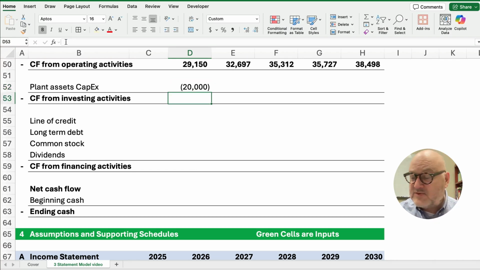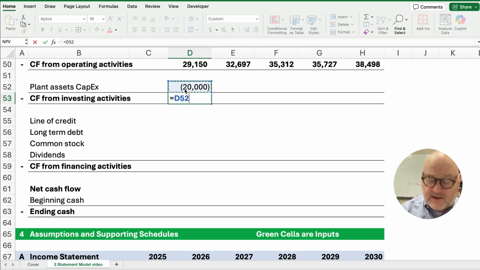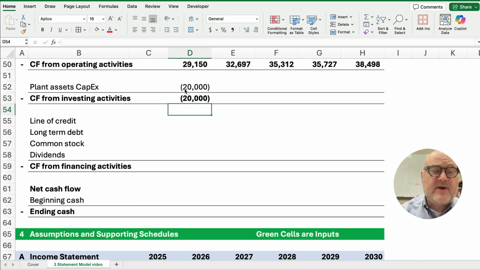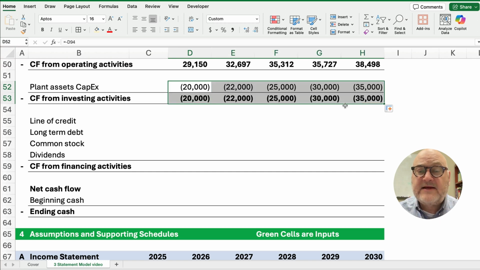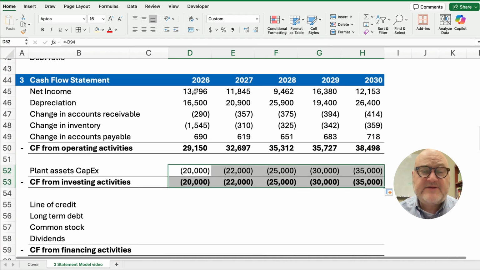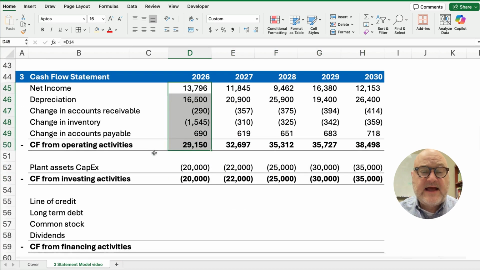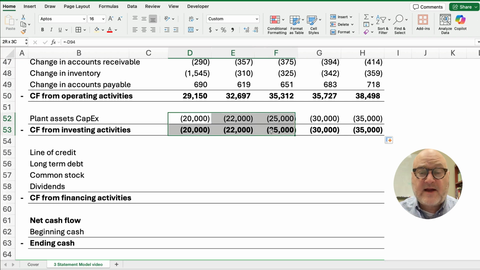We're investing 20,000 in our equipment, or machine equipment, capital expenditures. So now we can copy this all the way across. All of these are going to be negative. This is just our capital expenditure schedule. So yes, we've generated cash from operations, and we've spent a lot of that cash for these long-term assets.